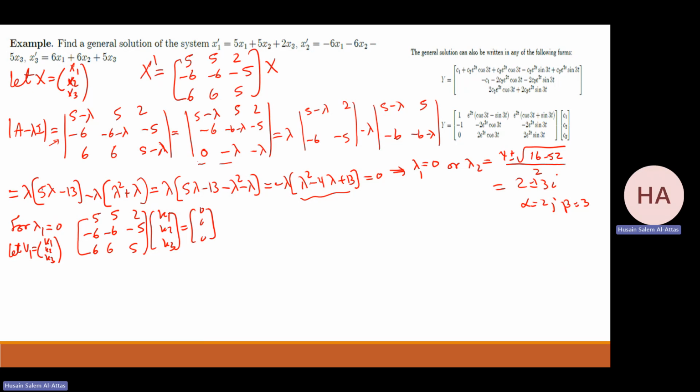I think Gauss elimination will be better. We do Gauss elimination. Let me do a trick also. This is 5, 5, 2, minus 6, minus 6, minus 5. Multiply by 1 and add, that will be 0, 0, 0.